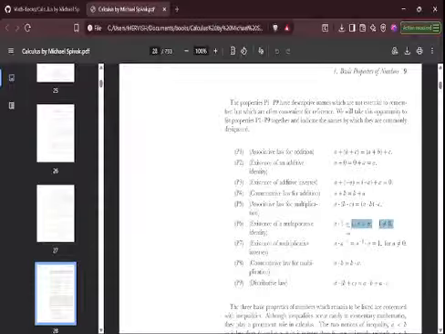I could have never guessed. So A multiplied by 1 is equal to 1 multiplied by A is equal to A. How do you even come to this conclusion? Makes no sense, bro.